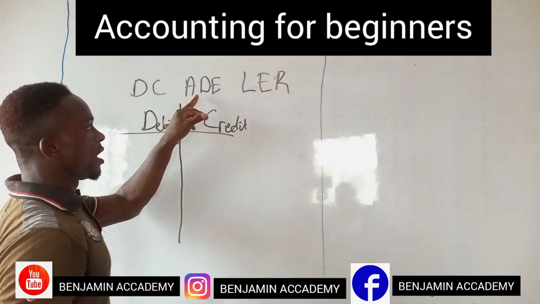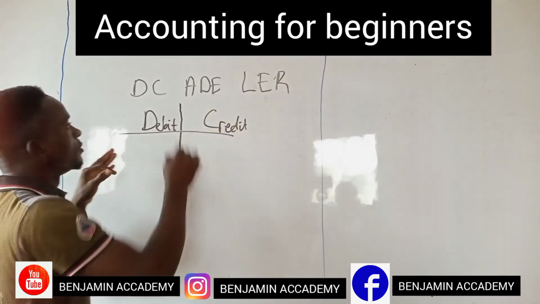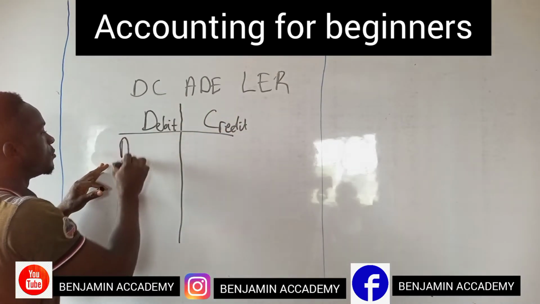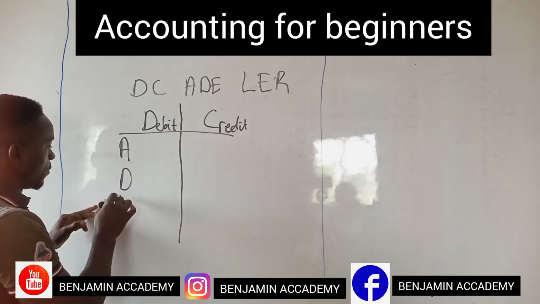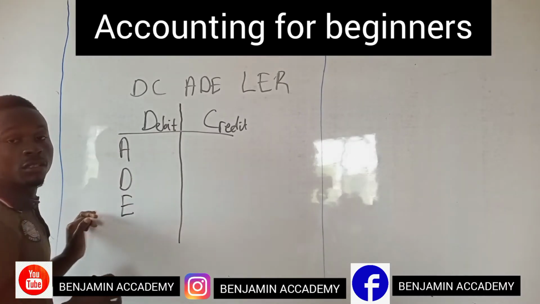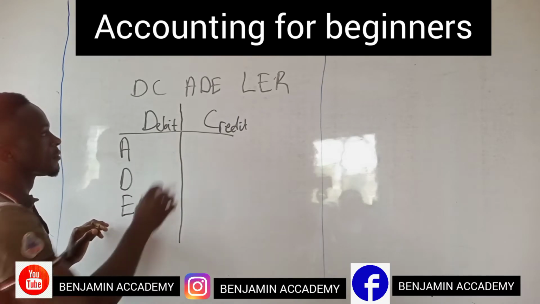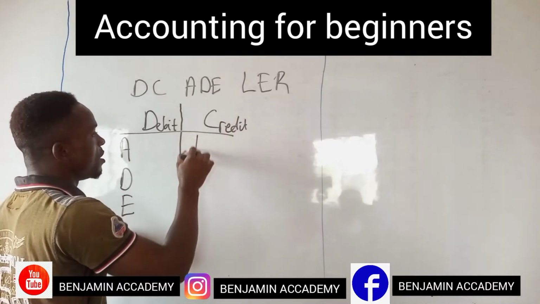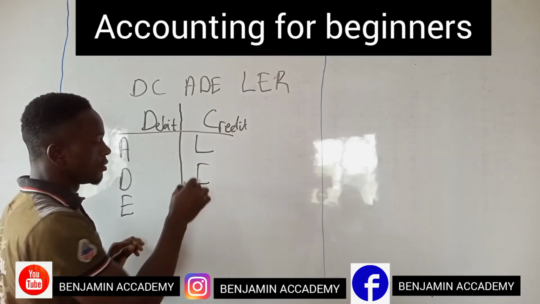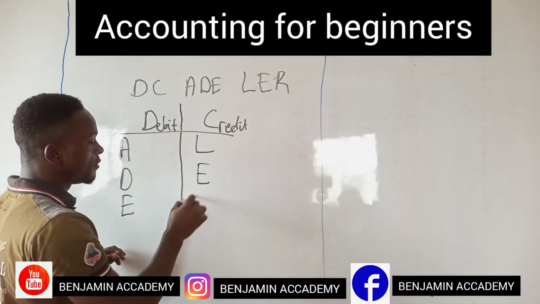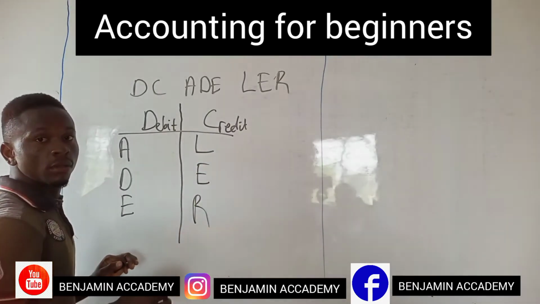Now, we have the D. We have A. We have D. We have E. Here we have L. We have E. And we have R.